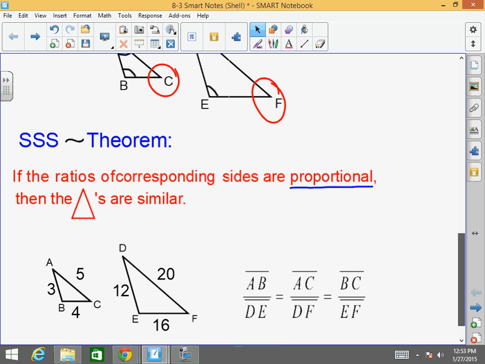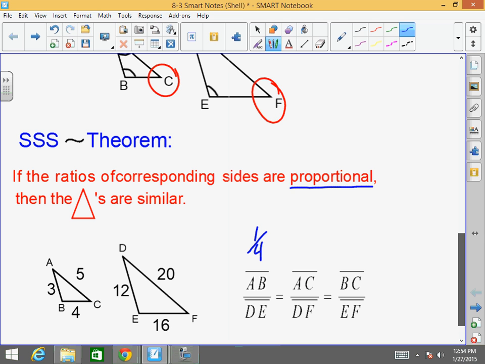For example, here I have triangle ABC and I have triangle DEF. AB corresponds to DE. That's 3 to 12. 3 to 12 is 1/4. So AB to DE would be a 1 to 4 ratio.